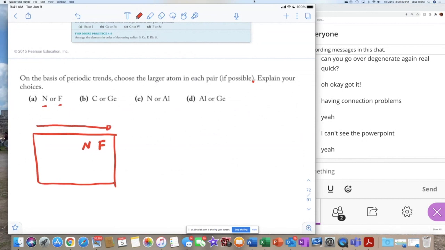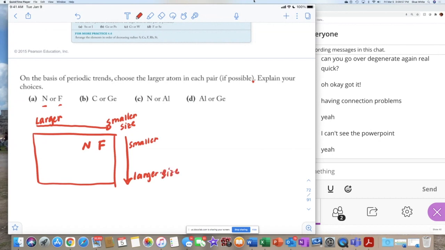So on the left, I usually have my larger size, so I write the term here, larger. On the right, I have my smaller size, right? And then size increases from top to bottom, right? So if I'm going this way, this is smaller size and this is larger size.